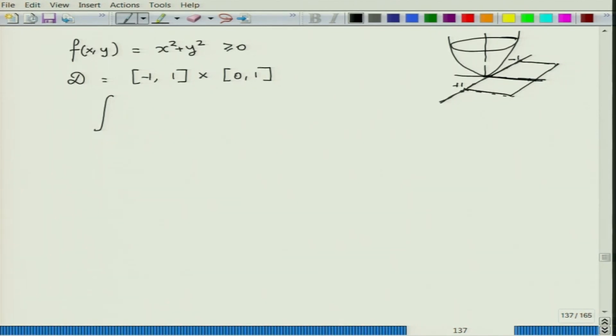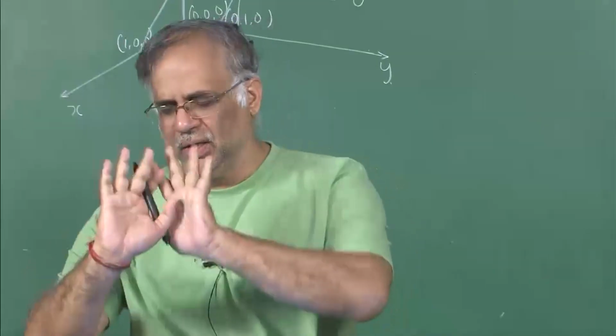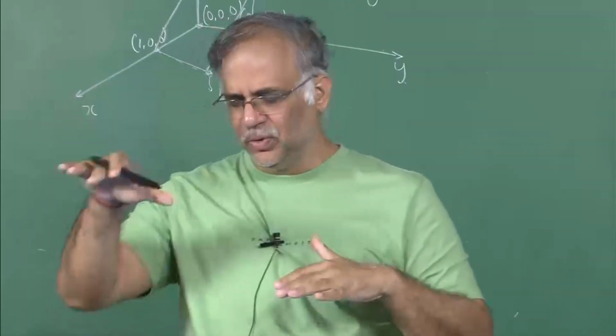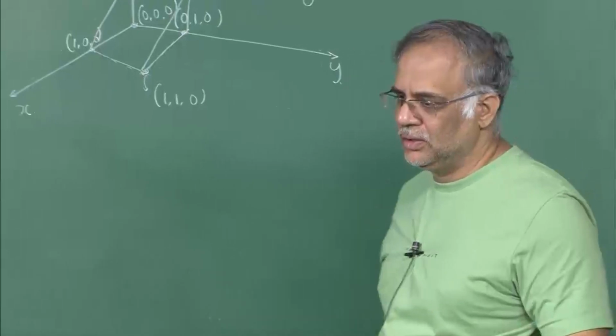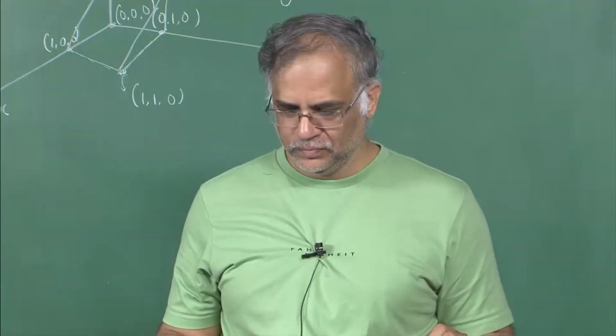So, here is a domain, and then you are trying to find an area under this curve here, the volume, a kind of very strange looking shape, of course, and you are trying to find the volume.